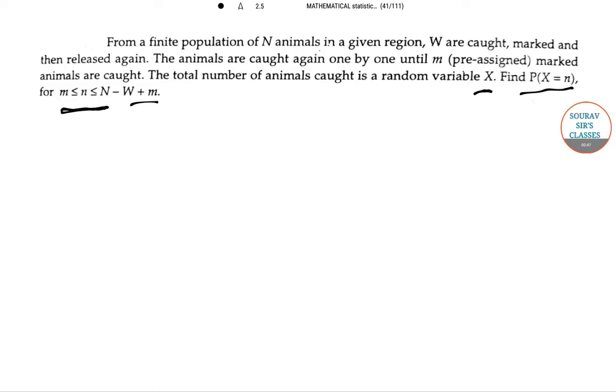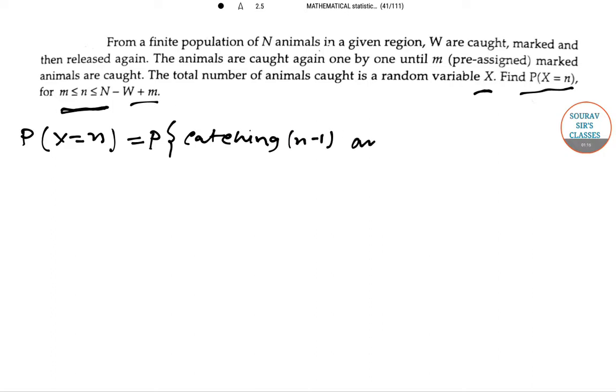For this, first we have to write down P(X = n) equals P, which is catching n minus 1 animals of whom m minus 1 are marked.